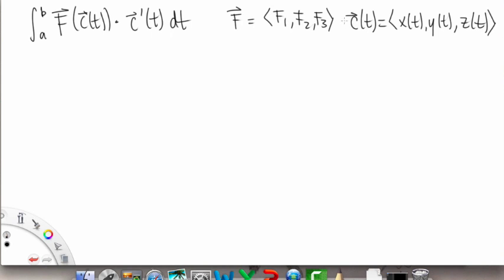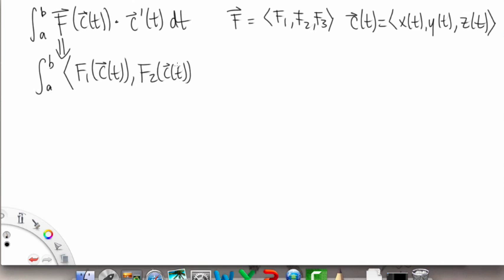So we know these. If we want to write this in a slightly different form, this is what it's going to look like. It is from a to b, and let's say we have F1 of c of t, F2 of c of t, F3 of c of t, because you plug c of t into each component.